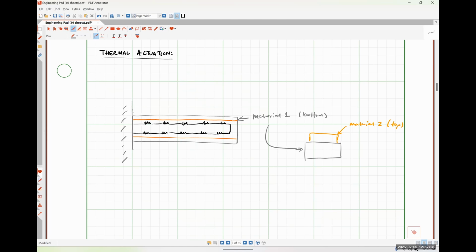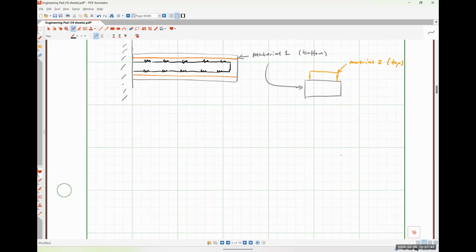So let's go into something a little bit more interesting, I think, okay? So now let's talk about how we might have thermal actuation with a single material. So this is thermal bimorphs or bimetallic strips.